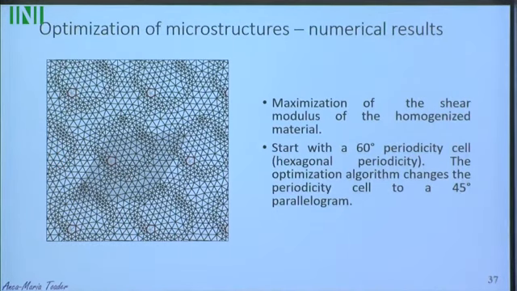So let us see an example. The maximization of the shear modulus of the homogenized material. We'll start with a 60-degree periodicity cell. You can see here in gray the periodicity cell, and the algorithm will change this periodicity cell to a 45 degrees parallelogram.